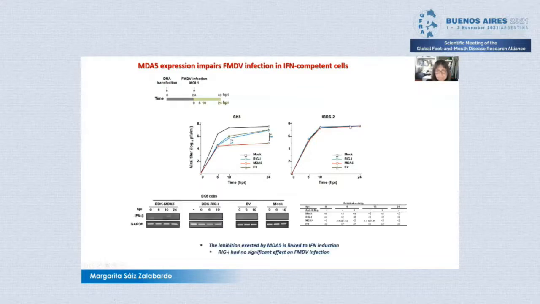So, in agreement with these results, we only detected interferon beta mRNA by RT-PCR or antiviral activity by interferon bioassay in SK6 cells expressing MDA5. These results suggest that inhibition exerted by MDA5 is clearly linked to interferon induction, and that RIG-I apparently had no significant effect on FMDV infection.